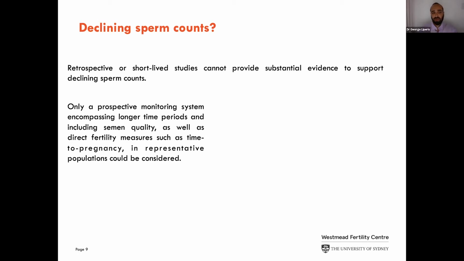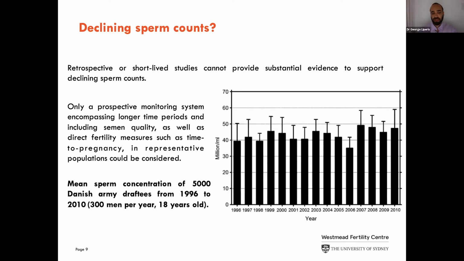Only when we have a prospective monitoring system can we make such an assumption. We can see here in this study the mean sperm concentration of 5,000 Danish army draftees over a span of 14 years. There is a little bit of variance from year to year, but we cannot really extrapolate that there is a decline in the sperm counts.